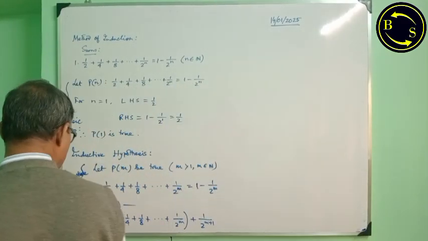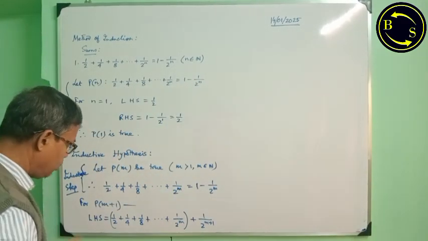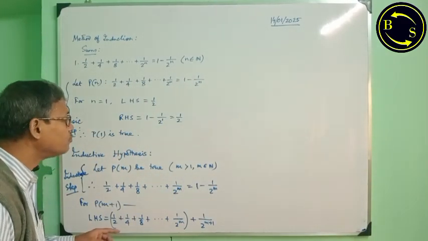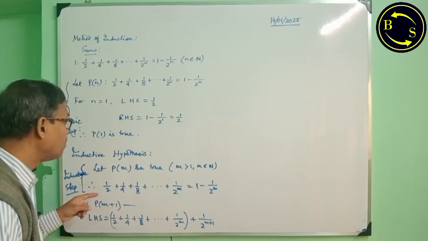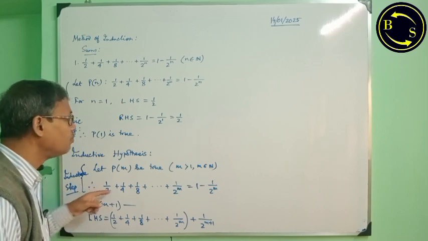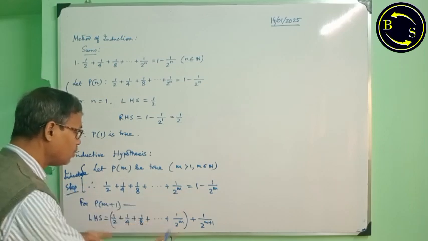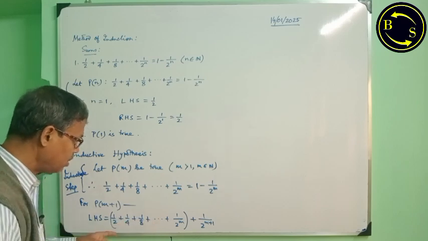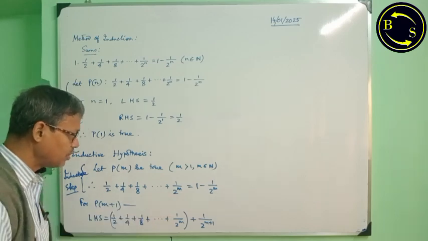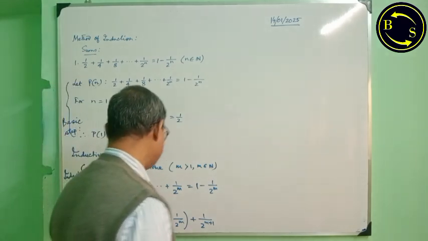For Pm plus 1, left hand side is this one. Now already we have assumed the expression inside the first bracket is equal to 1 minus 1 by 2 to the power m.